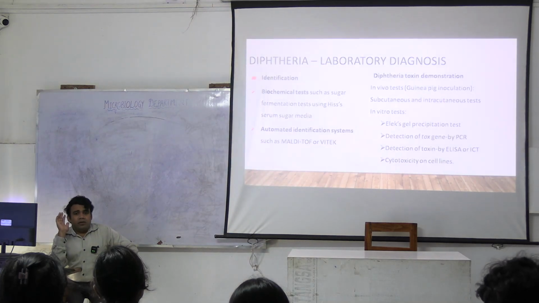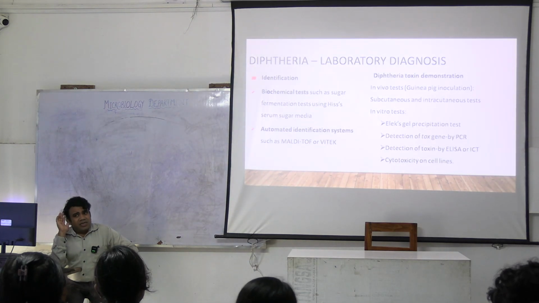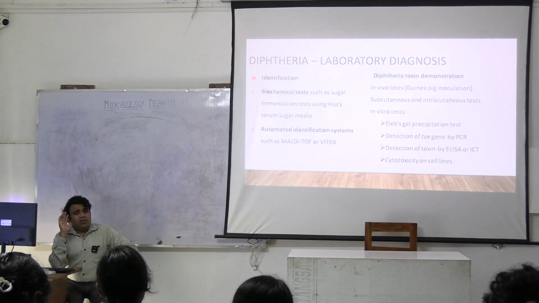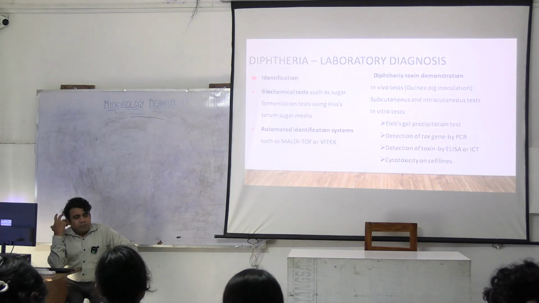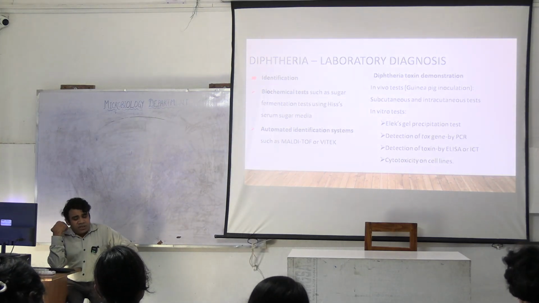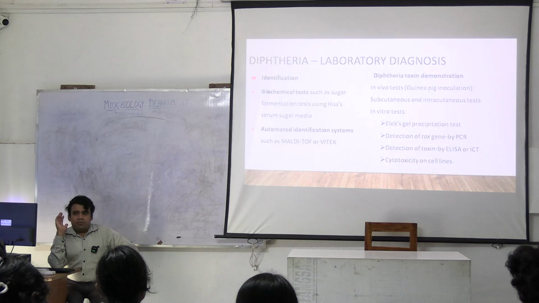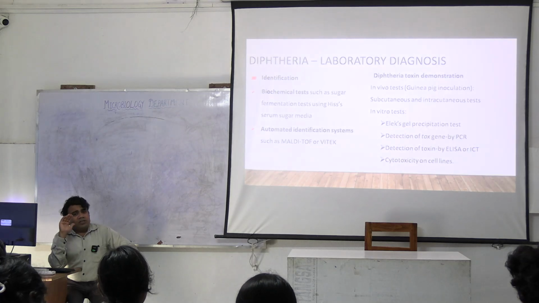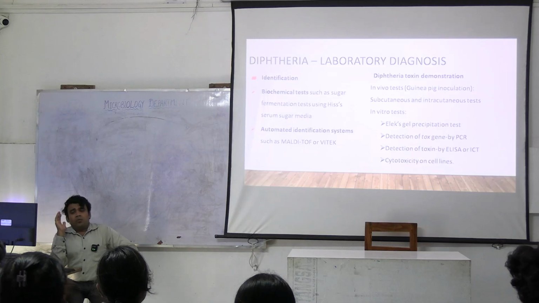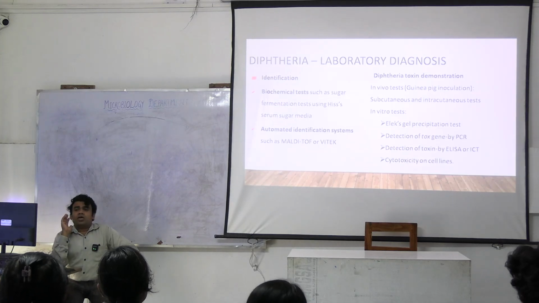diphtheria antitoxin. So, based on the patient's profile, extensive disease or not, we have to give diphtheria antitoxin as early as possible. This is for the toxin that has already been produced, to neutralize the toxin. Furthermore, we have to give antibiotics to kill the bacteria and reduce the toxin production.